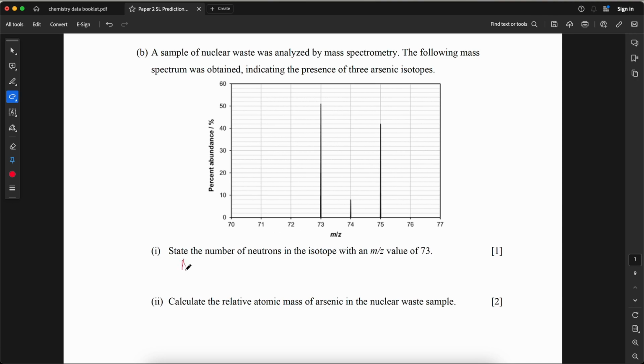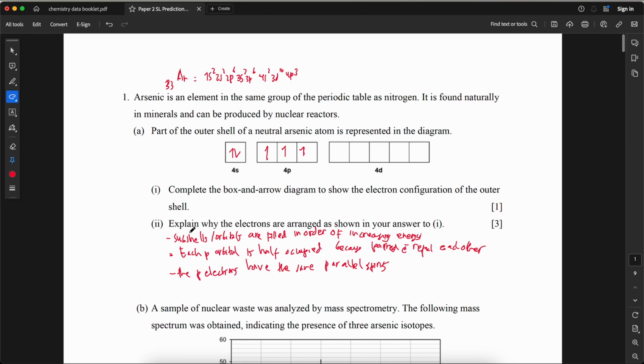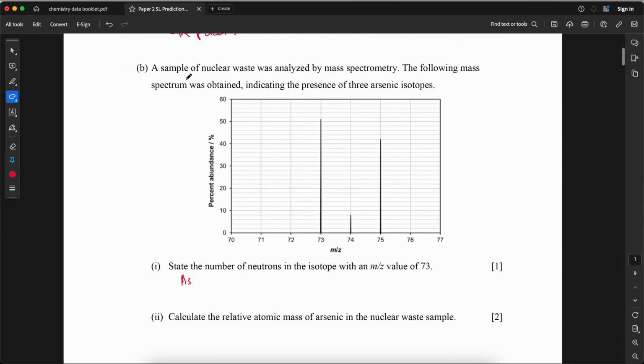As you know, arsenic, let me just fix it. So this is As. Arsenic has proton number 33, so the atomic number is 33, with the mass value of 73.